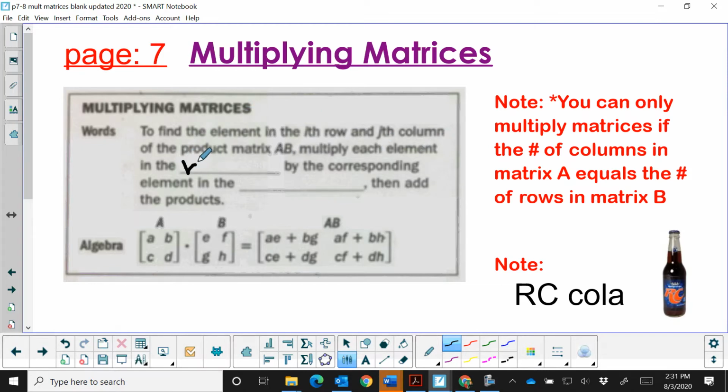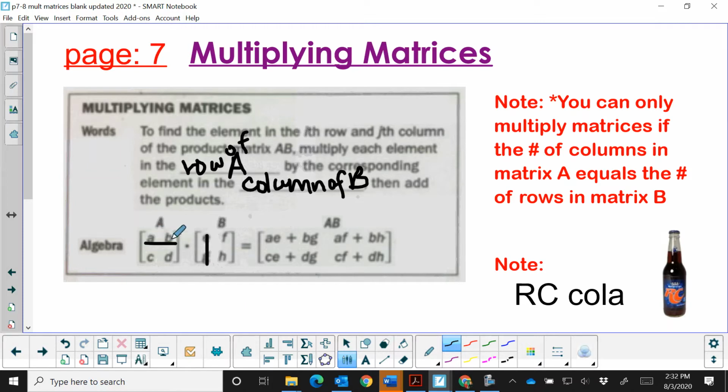So you can write this in. Multiplying matrices: to find the element in the ith row and the jth column of the product matrix, so product meaning the answer when we multiply A times B, multiply each element of the row of A, so you take the first matrix, the row, by the corresponding element in the column of B. So row of A by the corresponding element of the column of B. So that means here's my column.